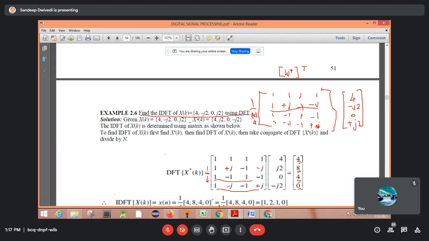You can do it. 4 j square, so minus is there, j square is also minus, so that will be plus 2 simply. Then it will be 0, and this is also j square minus 1, minus, so this is a 2.